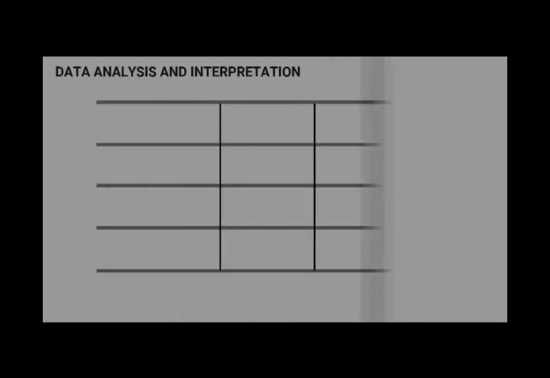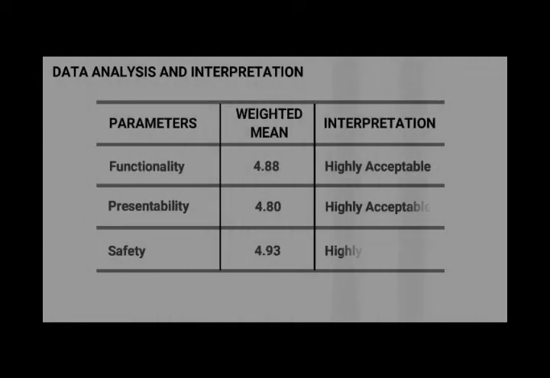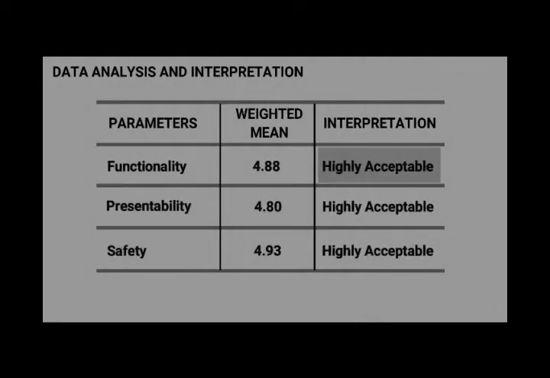Data analysis and interpretation. The development of recycled electronic decorative mosquito trap was rated as highly acceptable in terms of its functionality. A weighted mean rating of 4.88 for its functionality, described as highly acceptable.